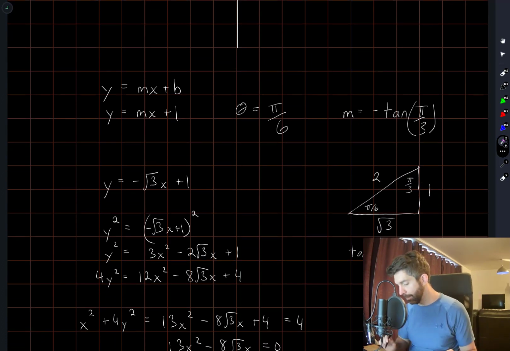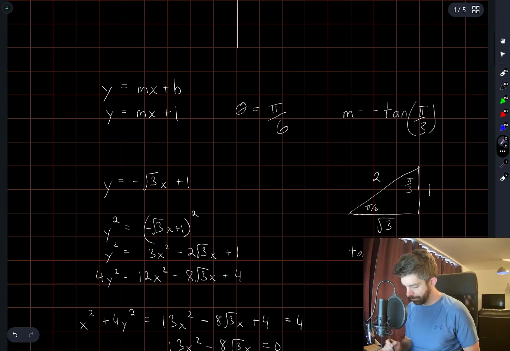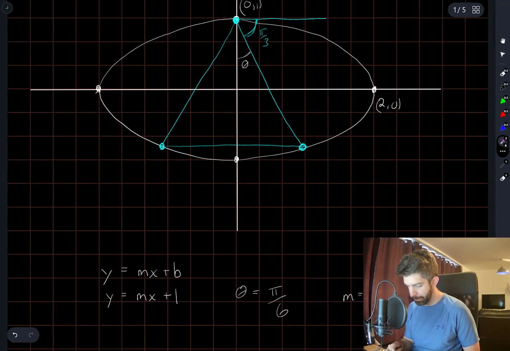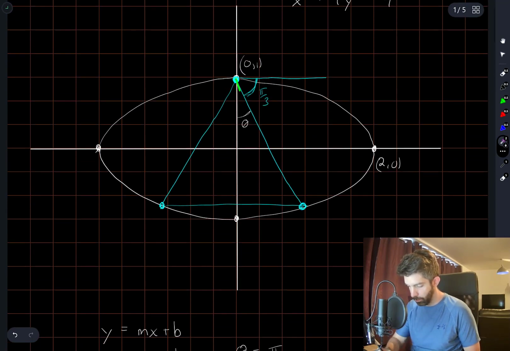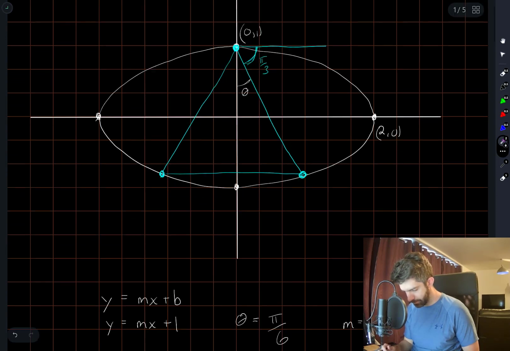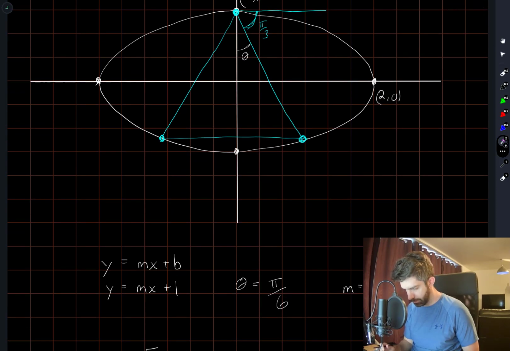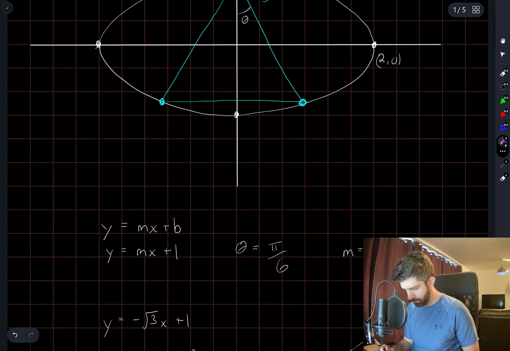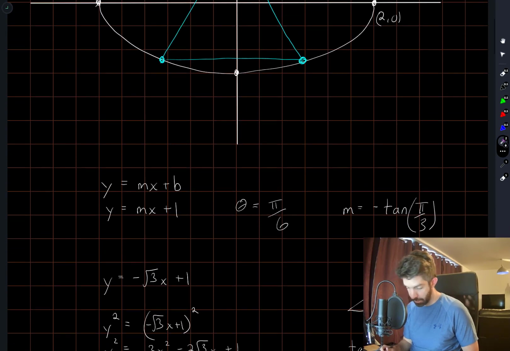I made this mistake in a previous problem, but I'm pretty sure that I've got the correct side lengths of this triangle now. So then tan of pi over 3 should be root 3, so the slope of this line will be negative root 3. Does that make sense? I'm going to go with it.